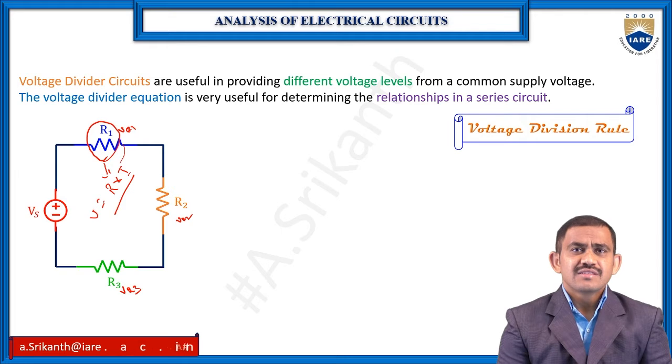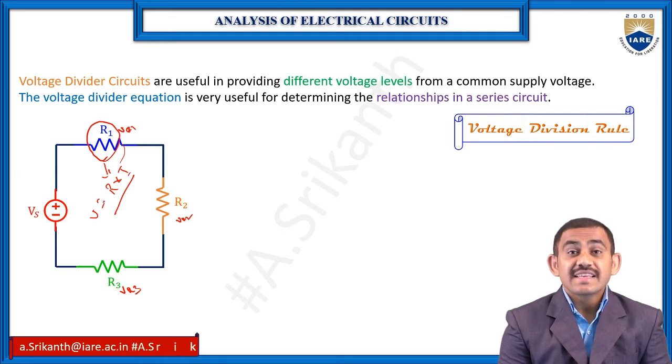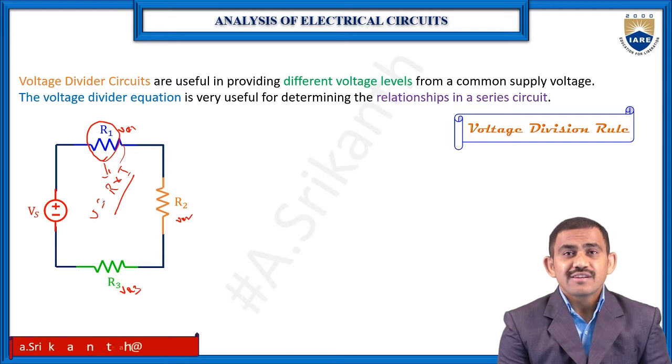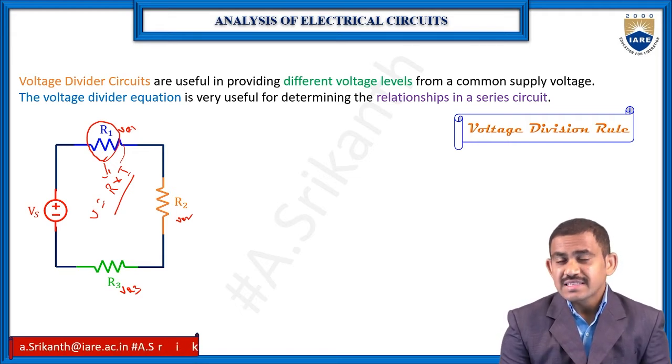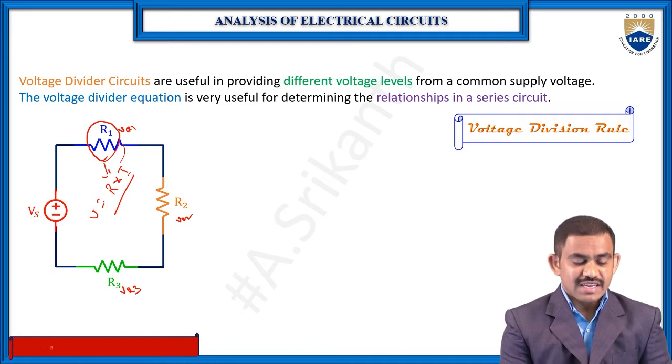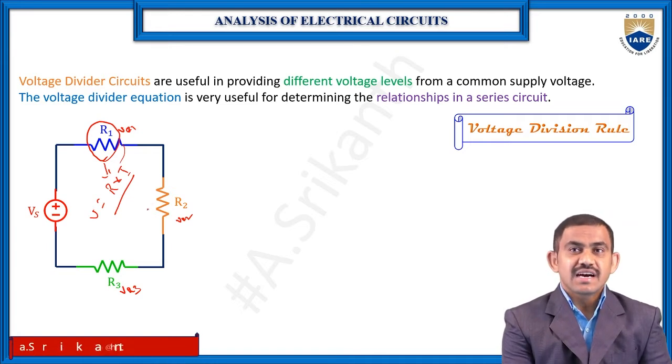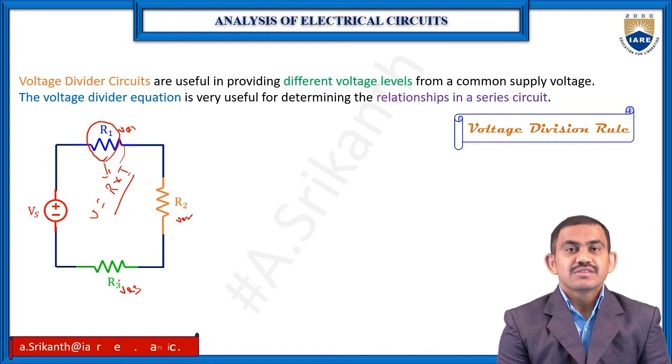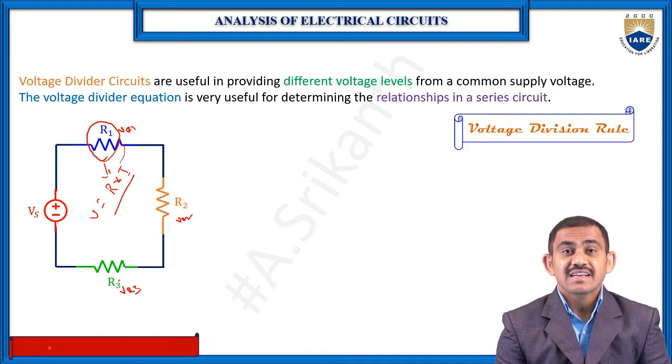This is a single loop, so we have only one current. In series, the current in each element is equal. So the currents in R1, R2 and R3 are equal.